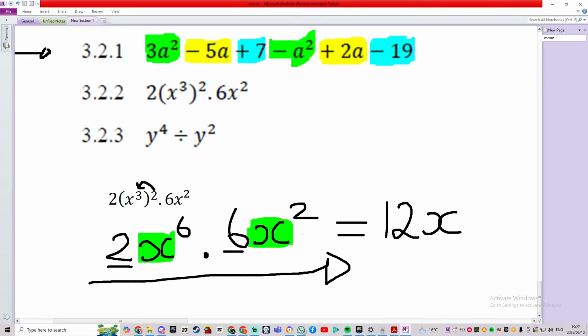What do we do with the exponents? 5 seconds. 4, 3, 2, 1. When we multiply the same bases, we add the exponents. So that's 6, we add it with the 2, and we get 8. So this here is our final answer.